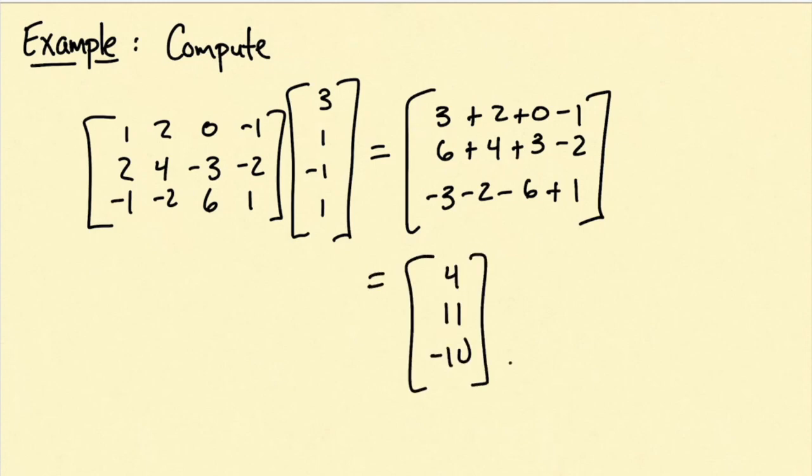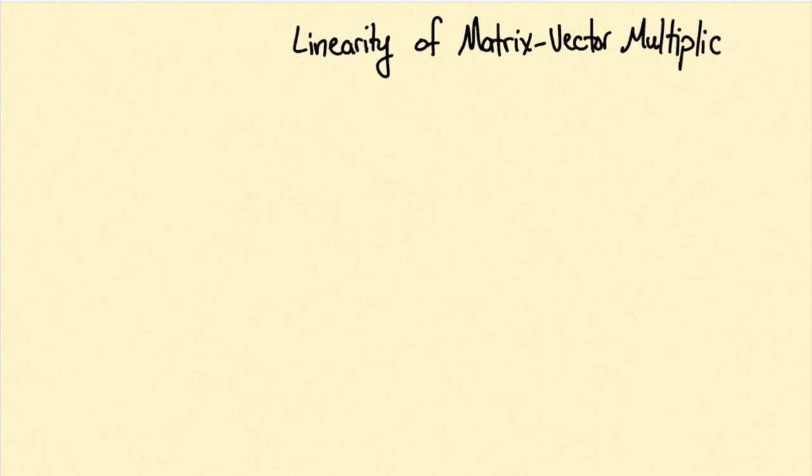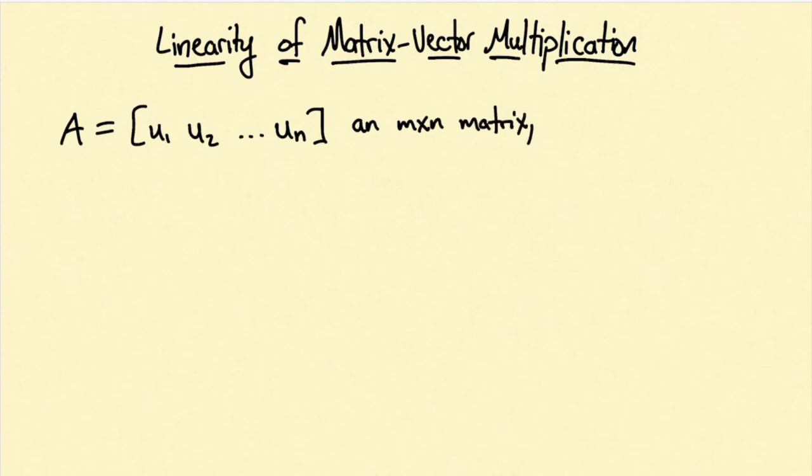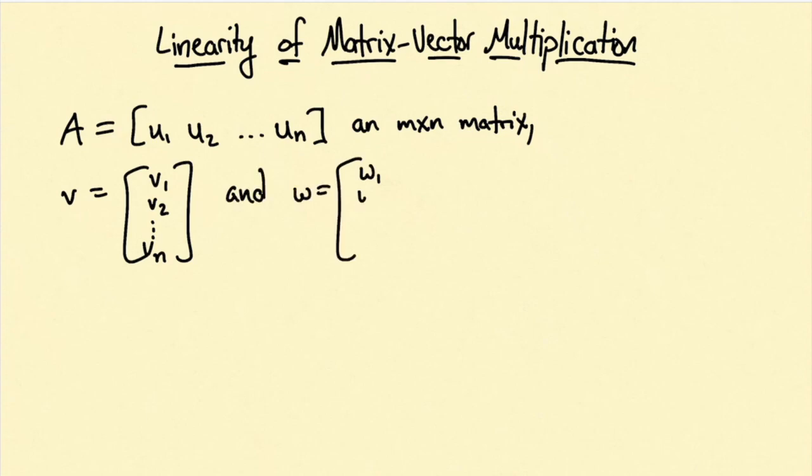We close out this lesson with three properties of matrix vector multiplication that will be extremely important in the future. We start with the matrix A, whose columns are u1, u2, down to un. This is an m by n matrix, and two n-dimensional vectors, v, whose entries are v1, v2, down to vn, and w, whose entries are w1, w2, down to wn.